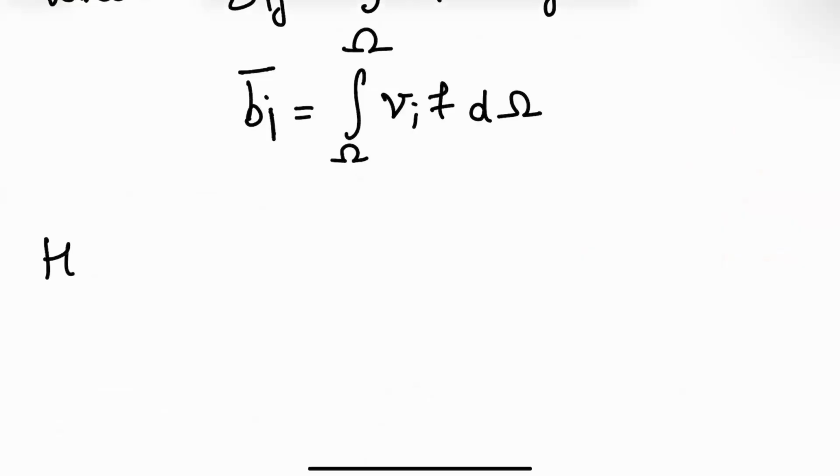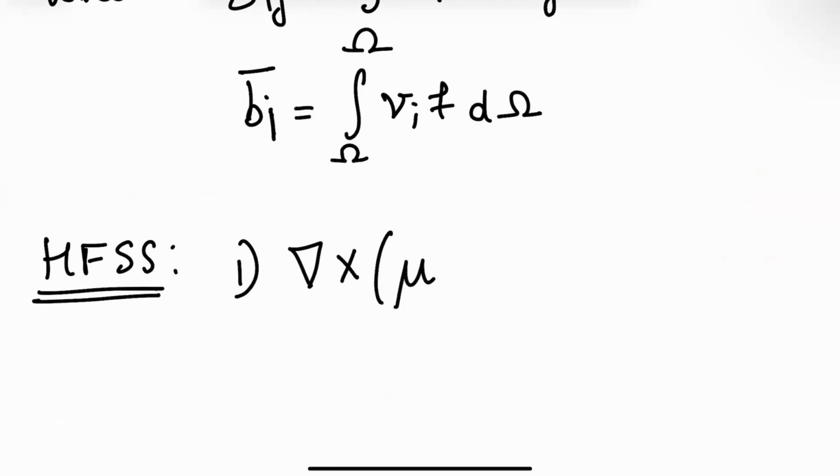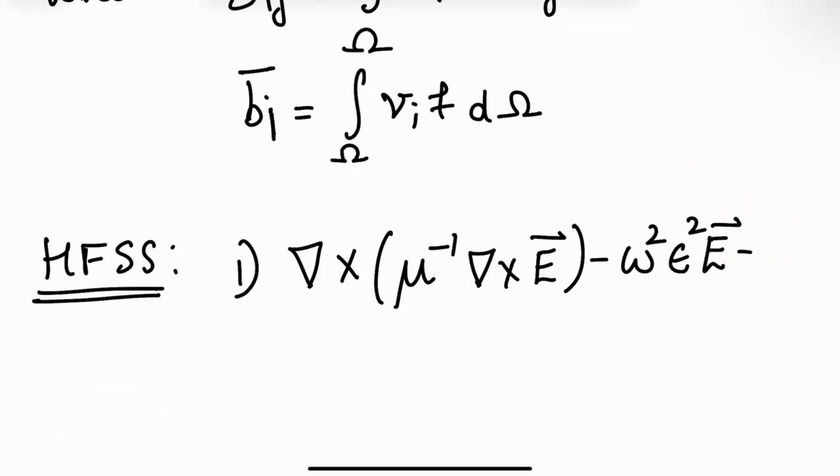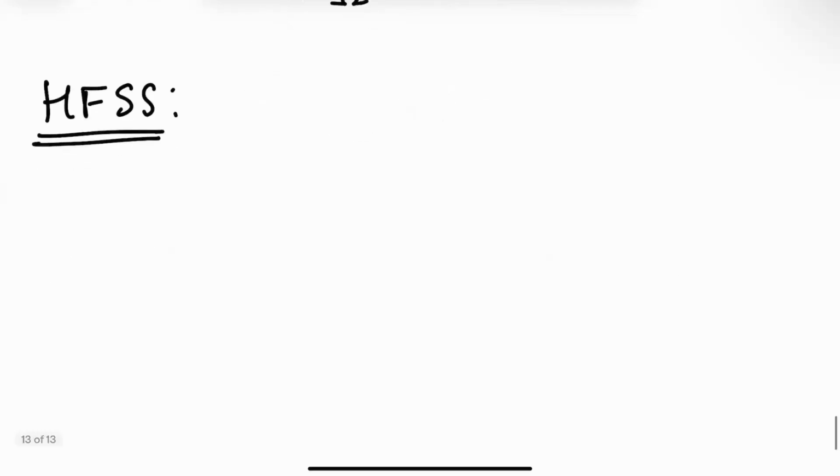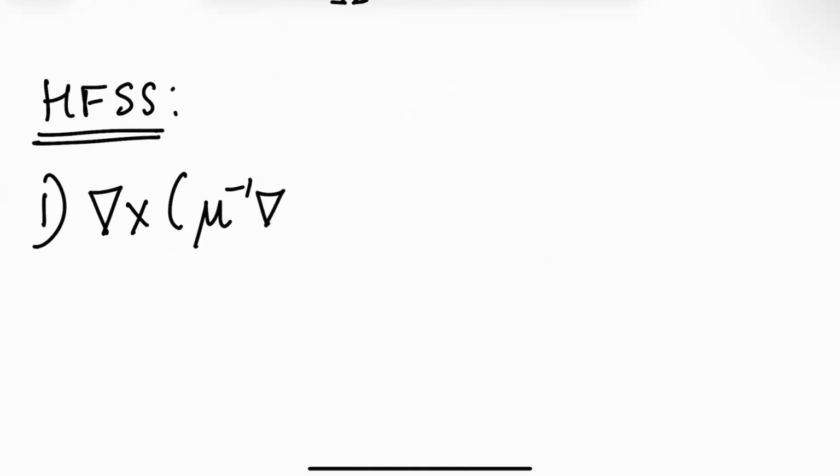Okay, so what does HFSS actually do? What's the high-level overview? First, the operator that it uses is the wave equation: minus omega square mu epsilon E is equal to minus j omega J. The differential equation it uses is the wave equation for an inhomogeneous medium.